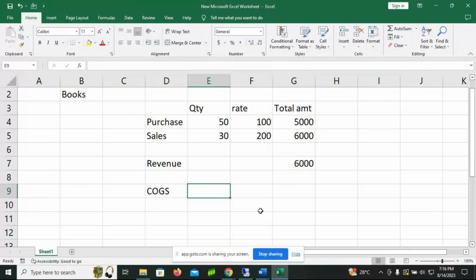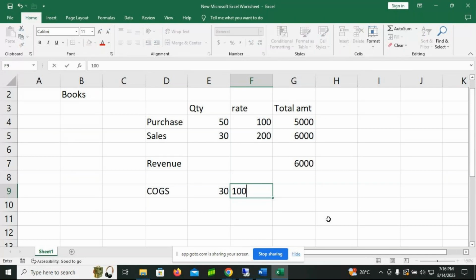So here, cost of goods sold is calculated based on the number of books sold. I have sold 30 books, so I'm going to take 30 books. And what is the amount that I have incurred in order to buy these 30 books? It is 100, so I have paid 100 rupees per book. So if I am selling 30 books, for those 30 books how much amount have I incurred?